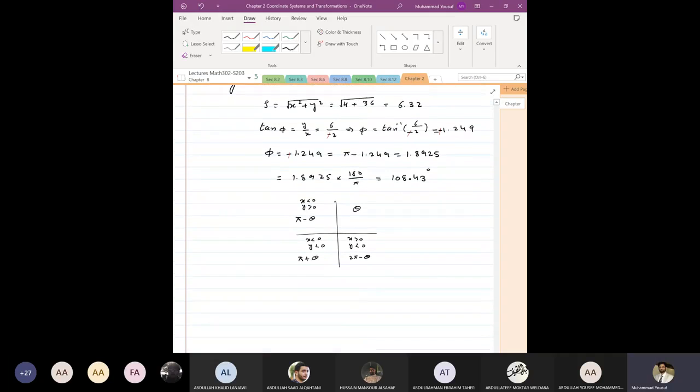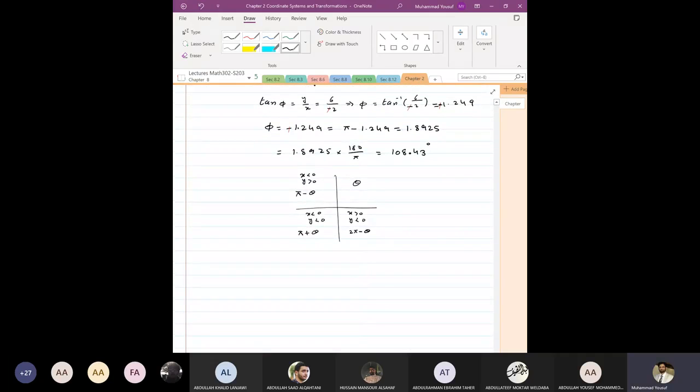Now what is left is z, and z in cylindrical coordinates is the same as z in Cartesian coordinates, and that is 3.